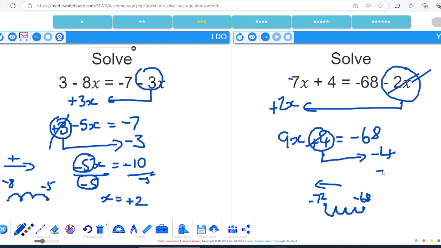So I've got negative 72 is equal to 9 lots of x. I've got 9x left here and negative 72. Just going to delete that out so I can get some room at the bottom.